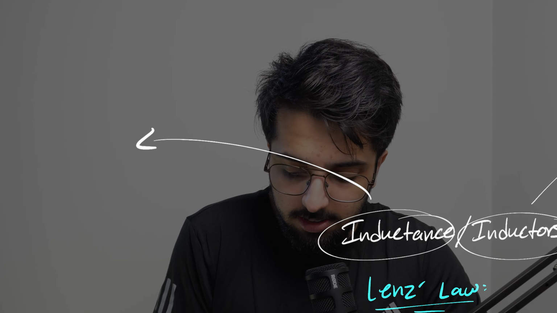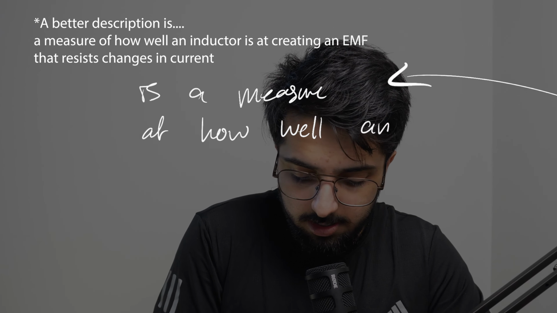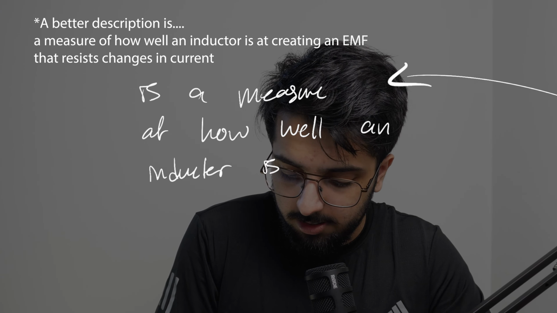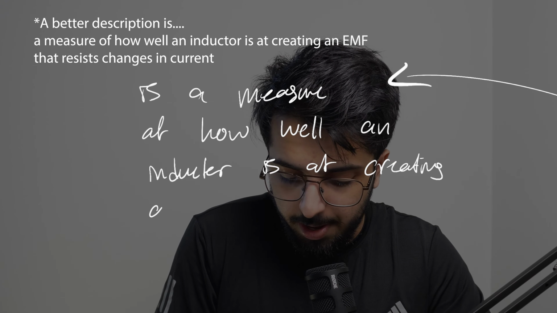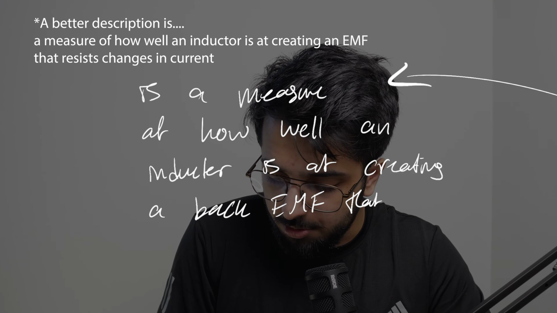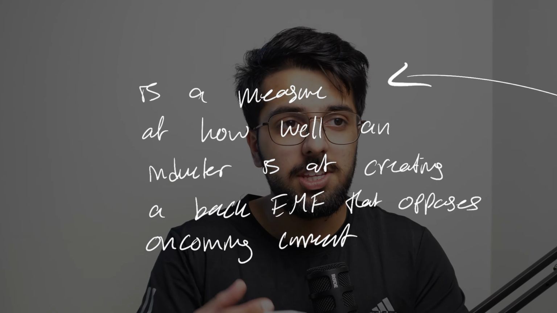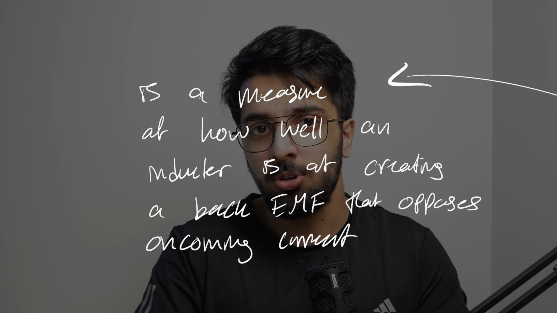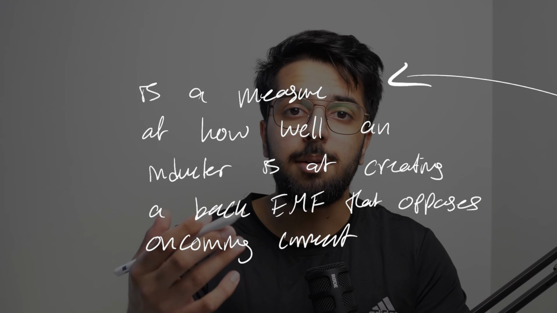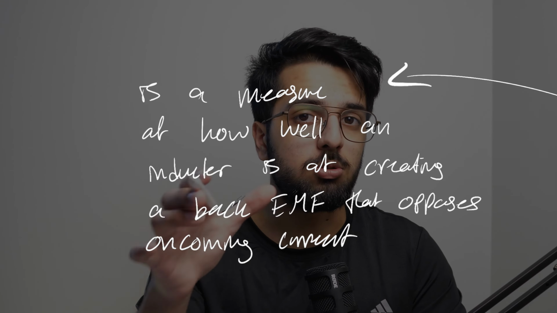Our inductance is a measure of how well an inductor is at creating a back EMF that opposes oncoming current. Therefore, the higher the inductance of an inductor, the better it is at producing a back EMF to oppose oncoming current.